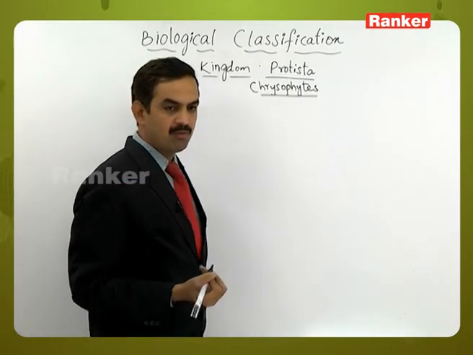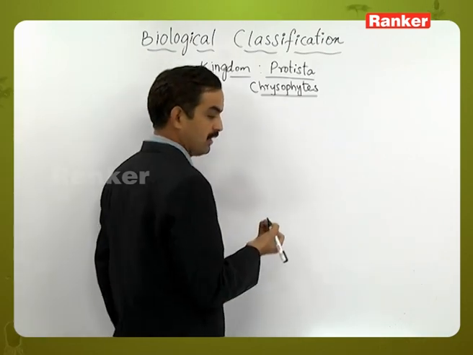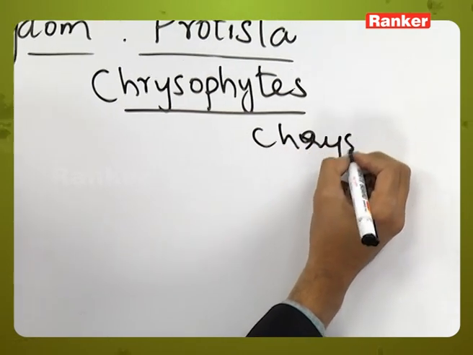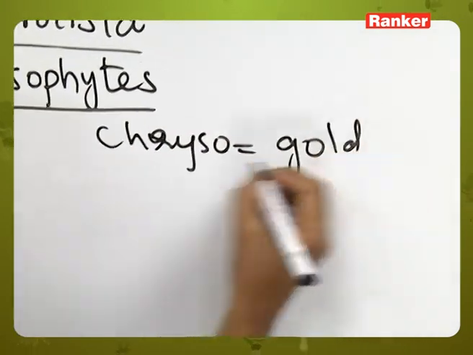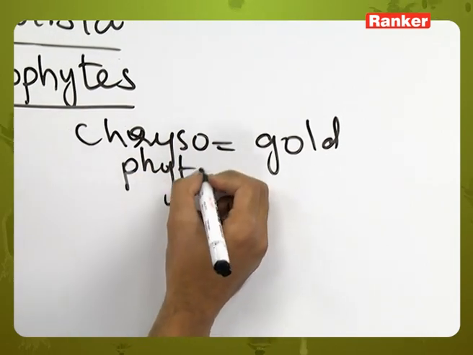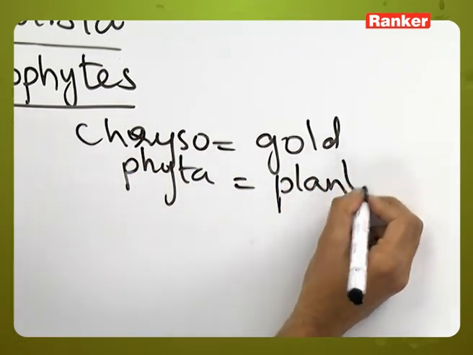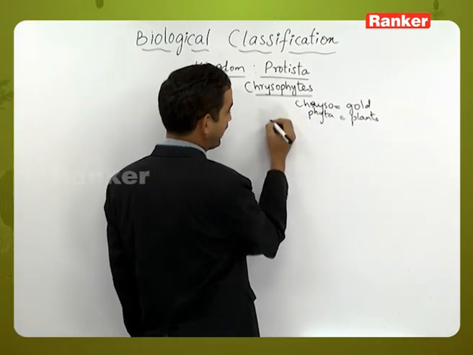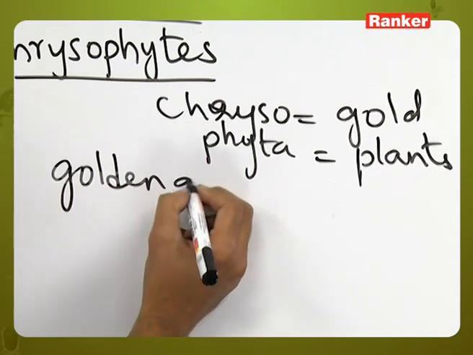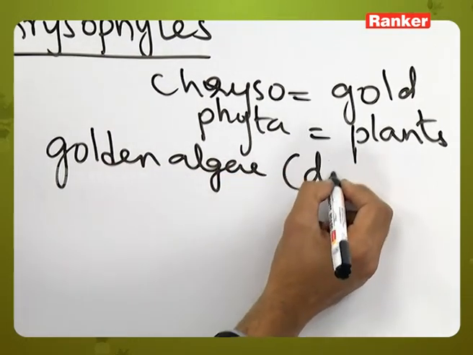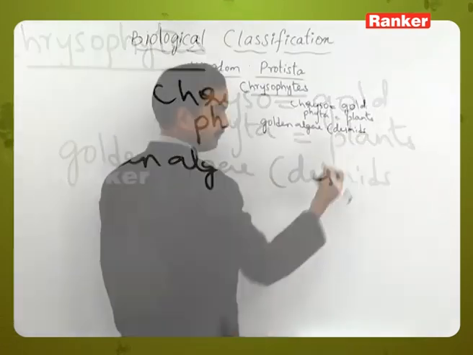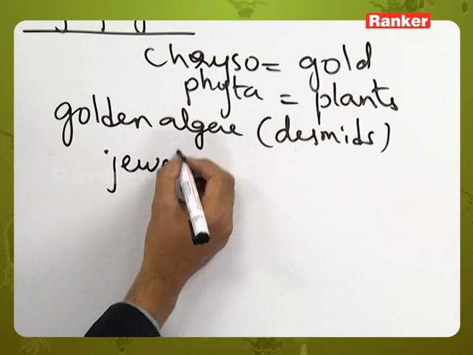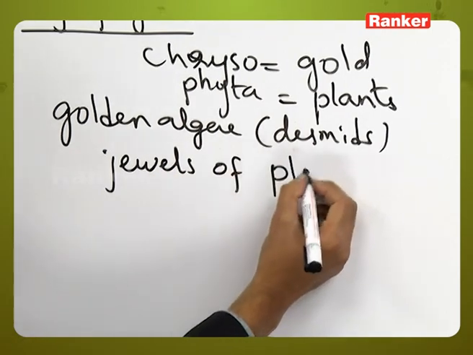The name was acquired because of the golden characteristic feature, that is, chryso means gold and phyta means plants, and because of this nature these are called golden algae or desmids, and these are considered to be the jewels of the plant kingdom.